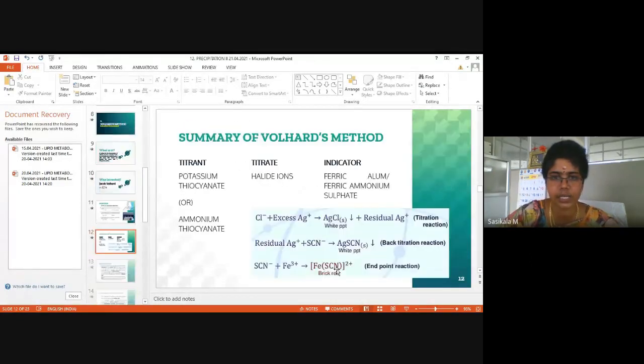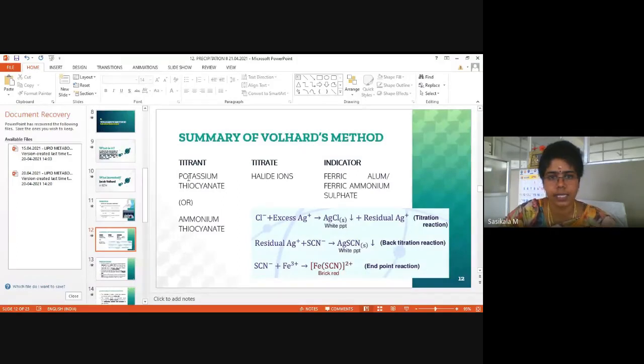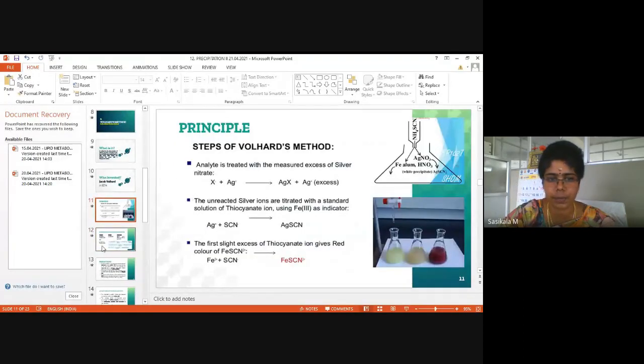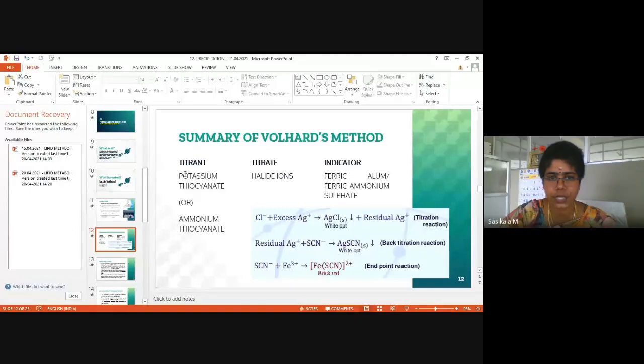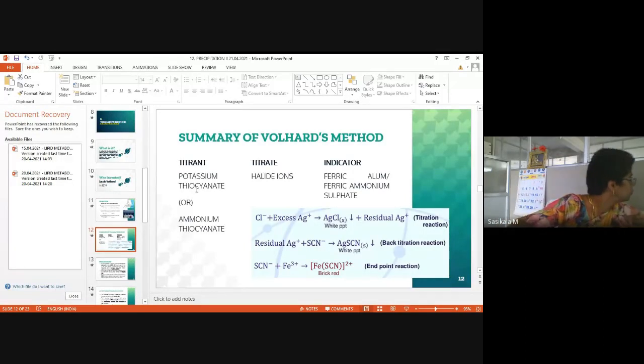Now let's move on to the next slide, stating the titrant, titrate and indicator we have discussed in the previous slide about the principle. Titrant represents the burette content. Titrate is your analyte. What is the burette content? You can read from the slide itself.